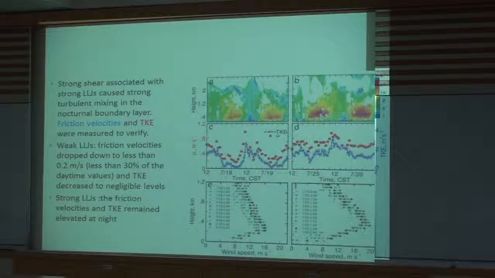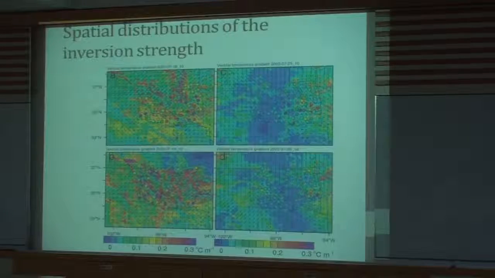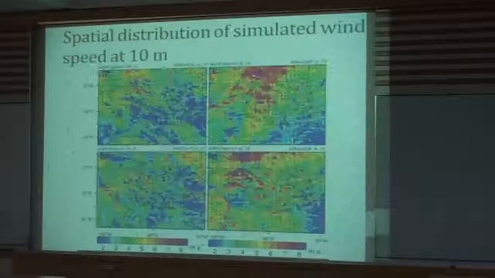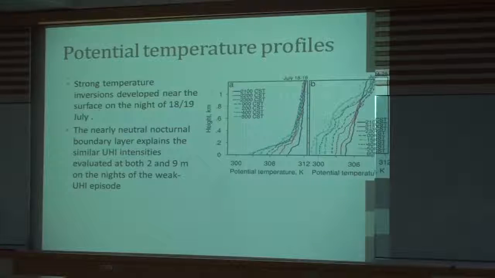Can you go back to the potential temperature profile? Okay, did you notice where the inversion layer is? What about the other one? The other one here is nearly neutral, but you can still tell that above the neutral layer is an inversion layer. Is there a connection to the previous figure?